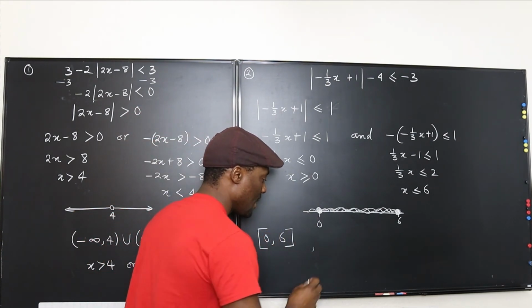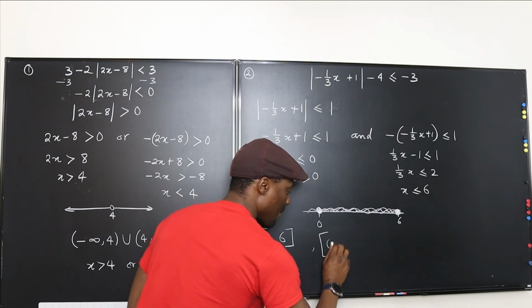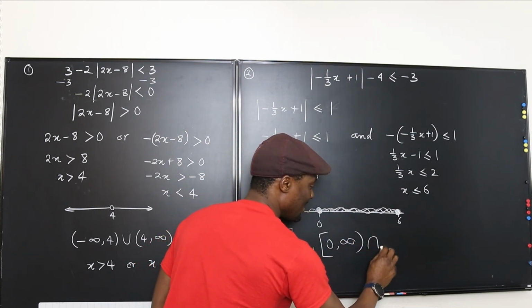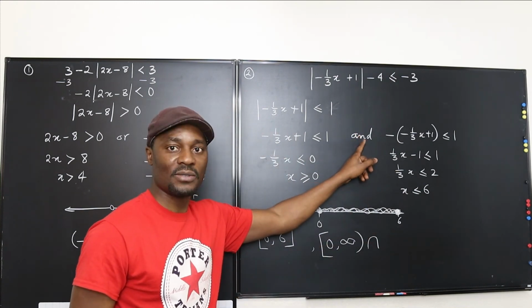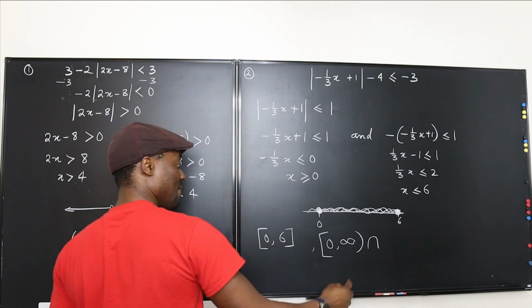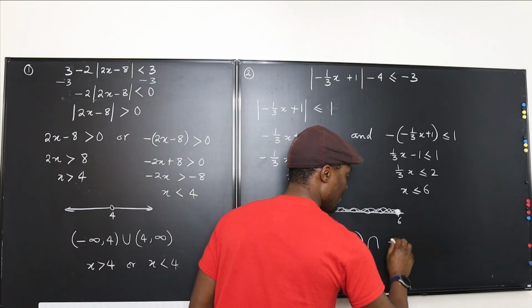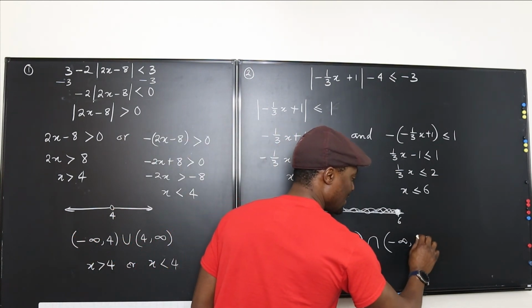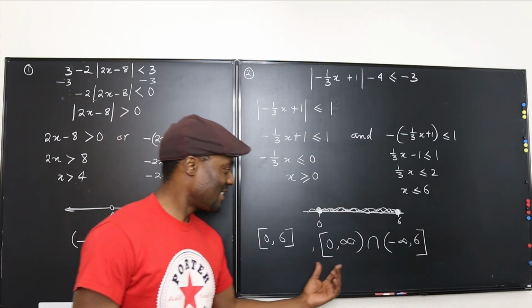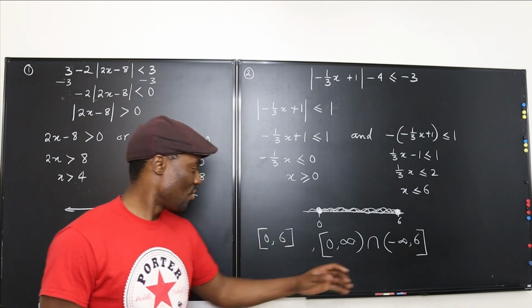We can say it starts from 0 strictly and goes all the way to infinity, but it is intersected, this is and, by the expression that starts from negative infinity and ends at 6. So you can see this is the intersection. You can write it this way, you can write it this way.